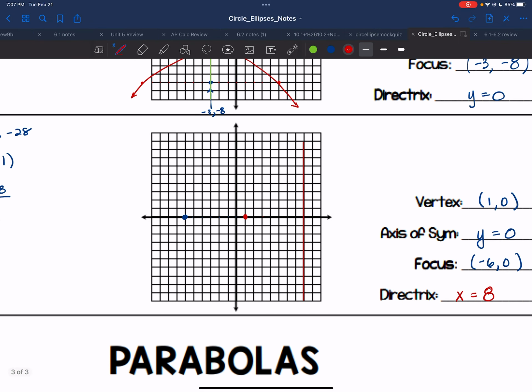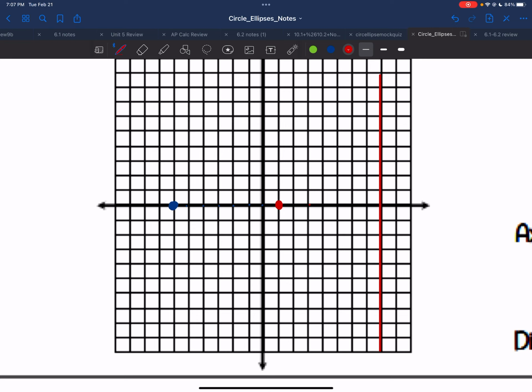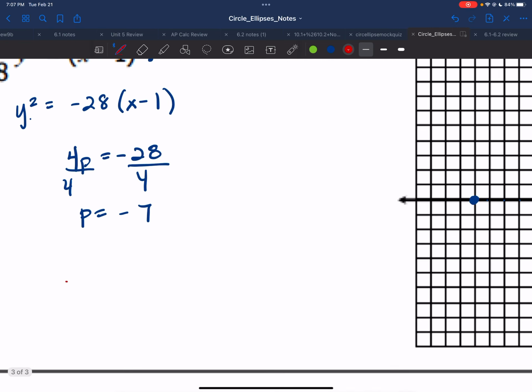And now we need to figure out how wide my parabola is. So remember that I do 2p from the focus to the arm of the parabola.